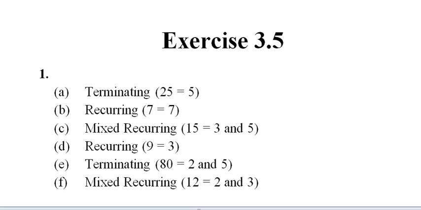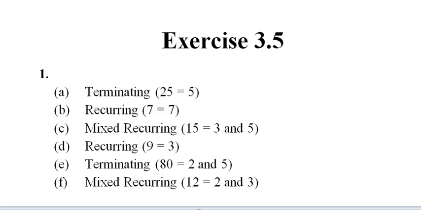So if the denominator's factor is either 2 or 5, then that is a terminating decimal number. You have to check the factors of the denominators. Remember that. But if the denominator has a factor like 3, 7, or 11, then it's going to be a recurring decimal number. So you have to look at the denominators, I mean the factors of the denominators.